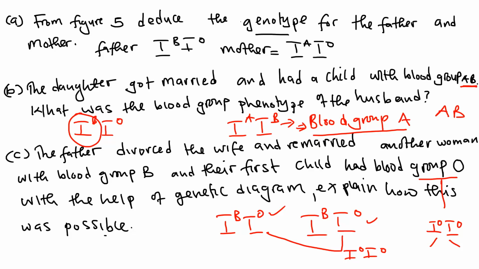Now, the question is, with the help of a genetic diagram, explain how this was possible. So here, pay attention to the genotypes that we have. Let us put up the genetic diagram here. We start with the parents' phenotype.